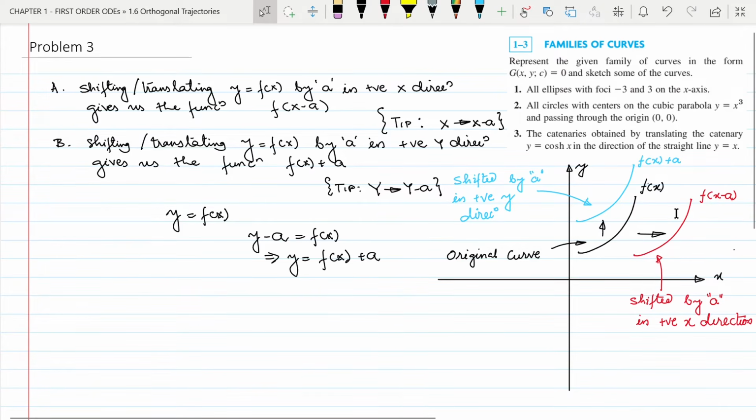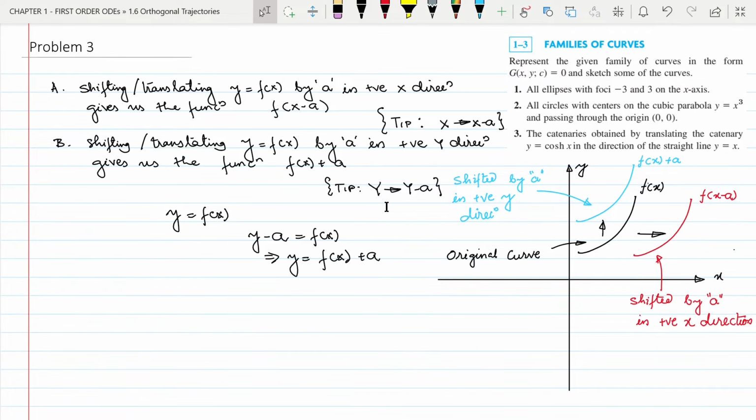So shifting in the x direction we can get by replacing x with x minus a, and shifting in the y direction we can get by replacing y with y minus a. These two tips you can remember for translating any function in the x and y direction.